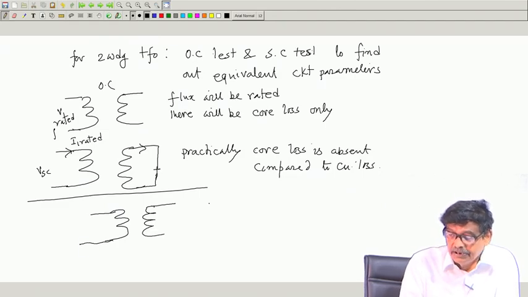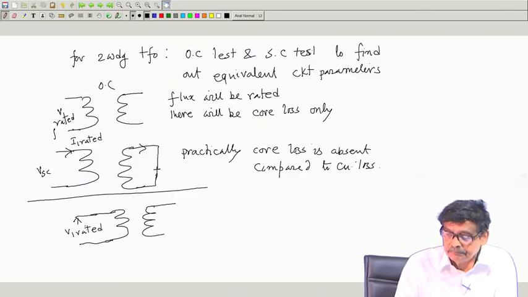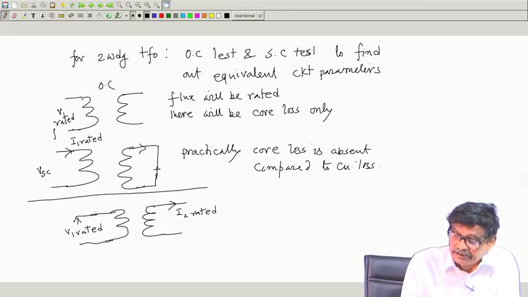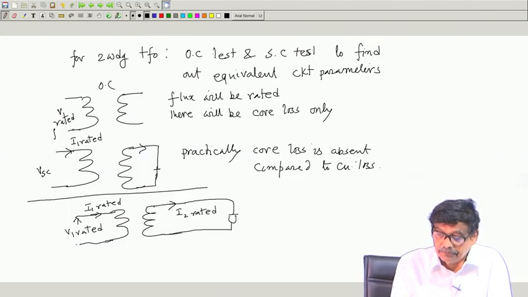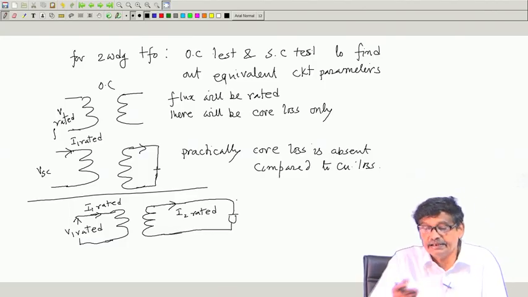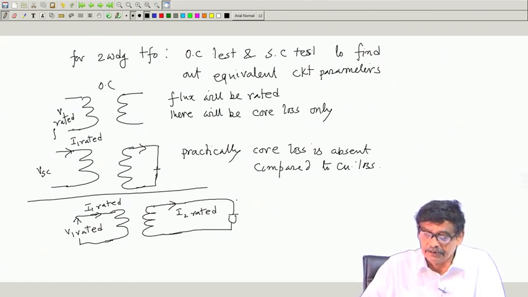When the transformer will be in operation, it will be V 1 rated here also, and the windings will carry rated current, both the windings, at full load condition. Here load is connected, rated voltage, and secondary is not silent, it is supplying power.